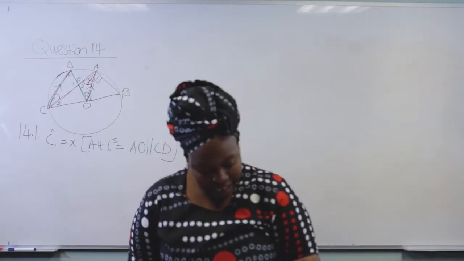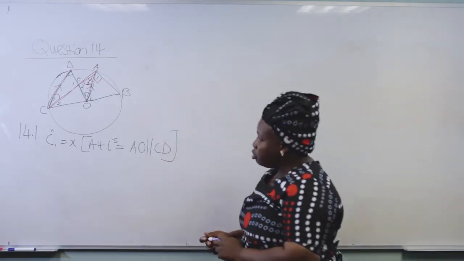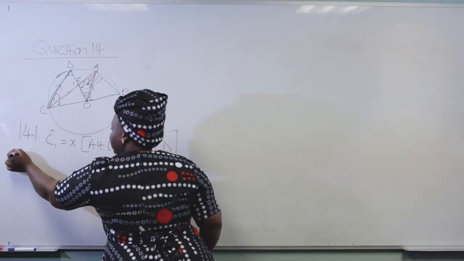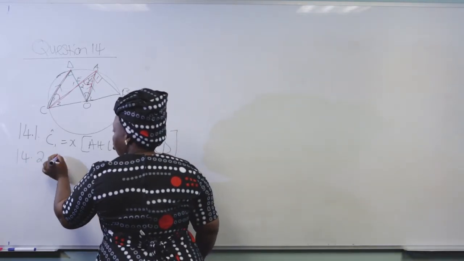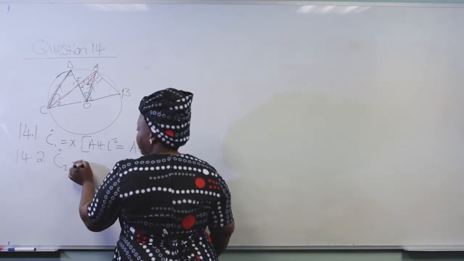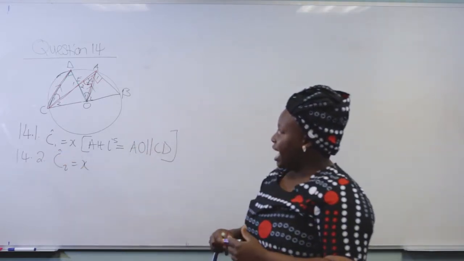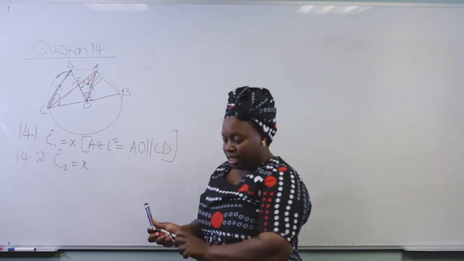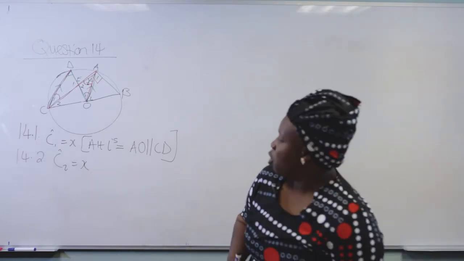Okay, the second one, they say, explain again why C2 is still going to be equal to X. Folks, look at it. We are looking at C2 now, 14.2. C2 is equal to X. Give us a reason. Look at triangle AOC.